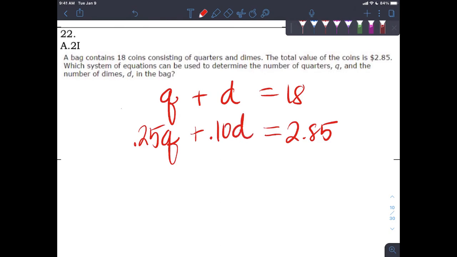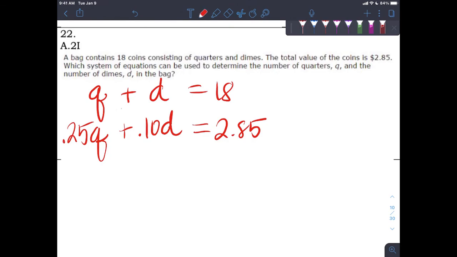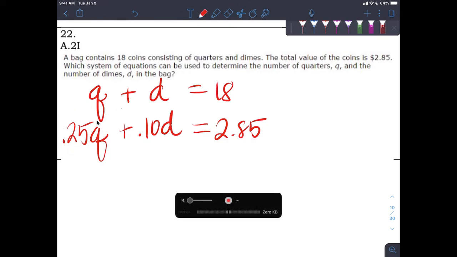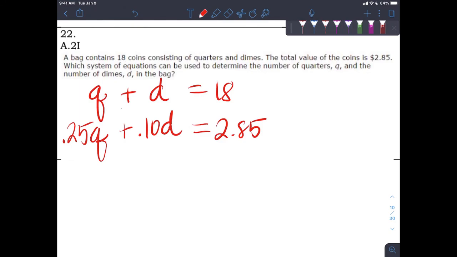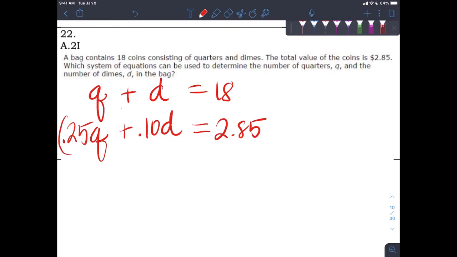Now let's go ahead and try and multiply this and get an elimination. We could also do a substitution if we wanted to, but I like elimination because it's a little bit easier. So I look at this and I say, well, this 0.25 is really a fourth of that. So if I multiply it by 4, it'll become just a regular q. I can also multiply it by -4 to make it an opposite, so they'll cancel.